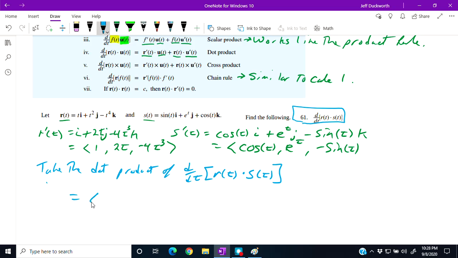So this is going to be 1, 2t, negative 4t cubed, dot the second one, which in component form is going to be sine of t, then e to the t, and then cosine t.